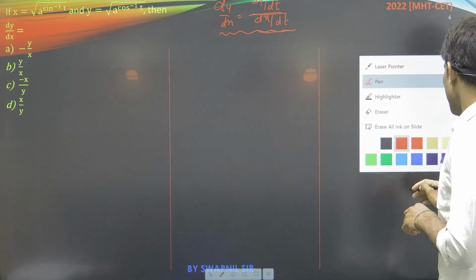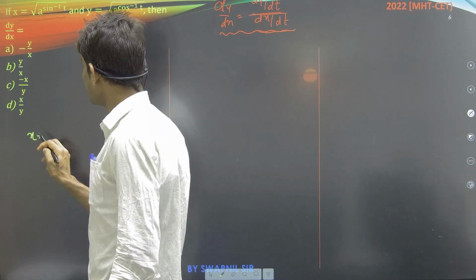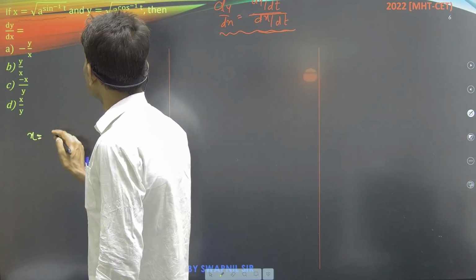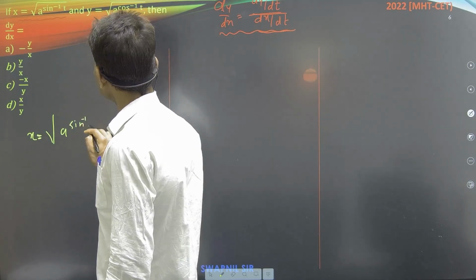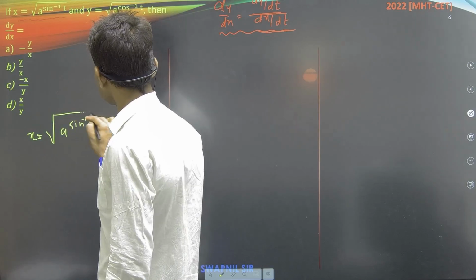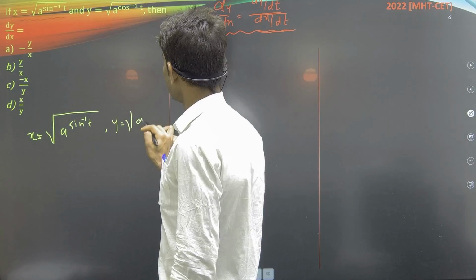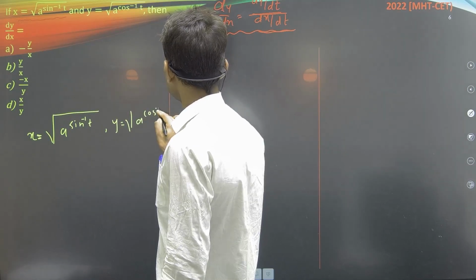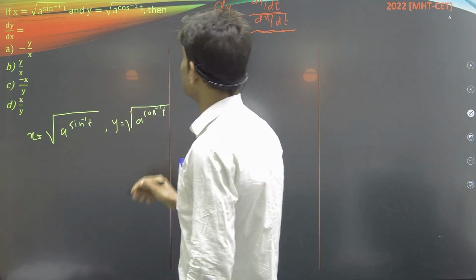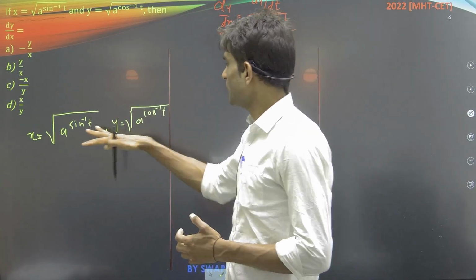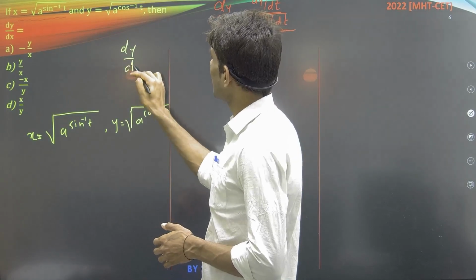Taking the values, we have x equal to square root of a to the power sine inverse of t, and y equal to square root of a to the power cos inverse of t. These are the two functions given, and we want the value of dy by dx.